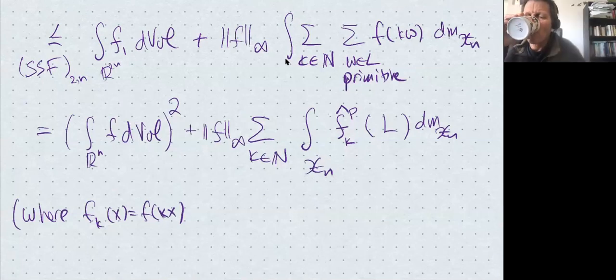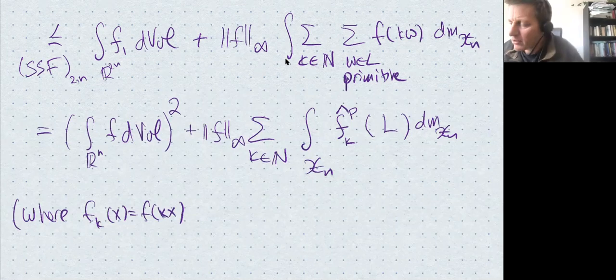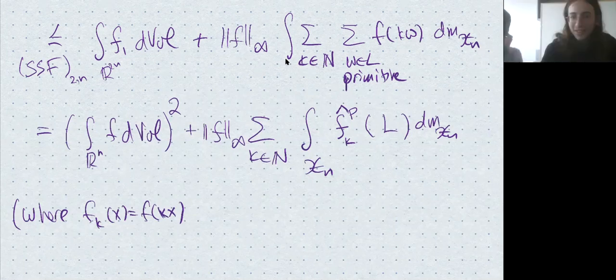Question? Was there a question? Do you want to write it in the chat maybe, or try again? Should work now. Yeah, okay. I think in the previous line, when you bounded the sum over f of k1, k2, it should be the absolute value of f of kw.